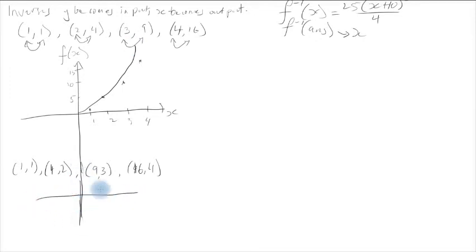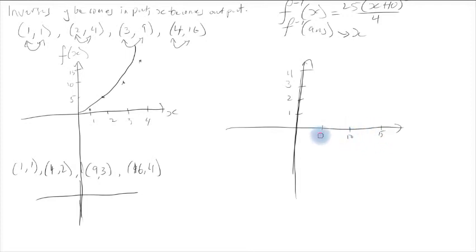So whereas this graph did this sort of thing, if we plot our new points, maybe I'll just do it over here where there's lots of space. Here we'll have 1, 2, 3, 4. This first point, 1, 1, is about here.